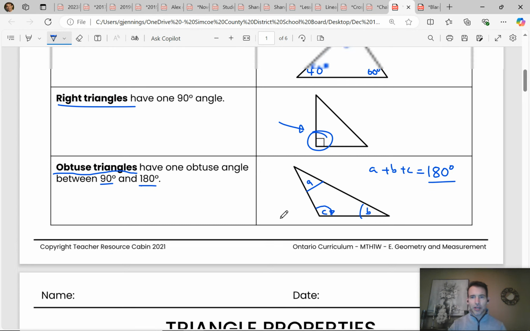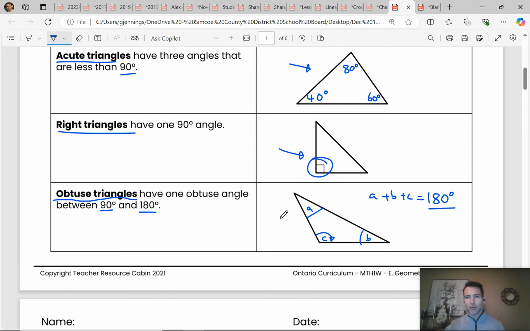And so you'll see this triangle up here certainly works. 80 plus 40 plus 60 is indeed 80 plus 100, which is 180.